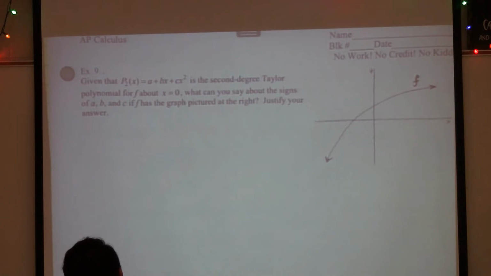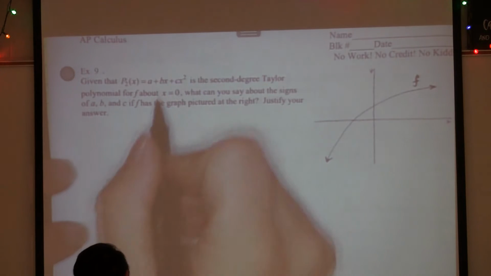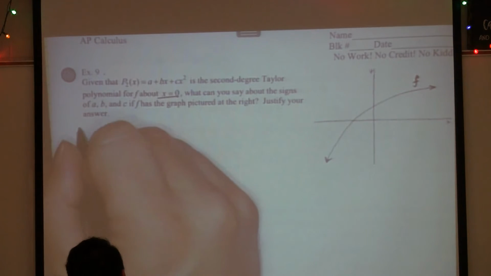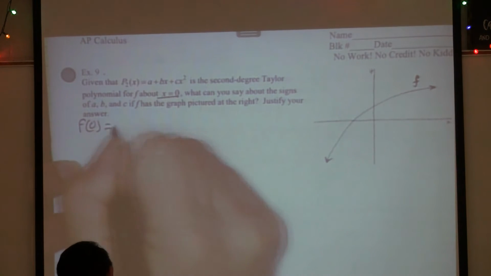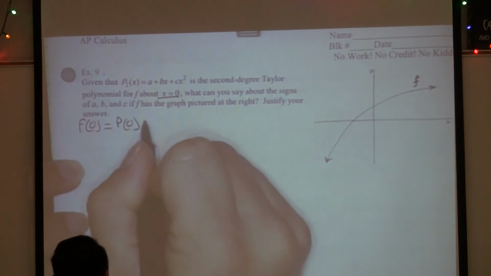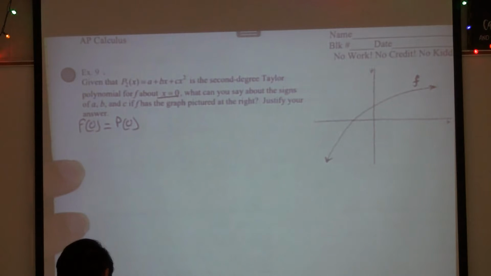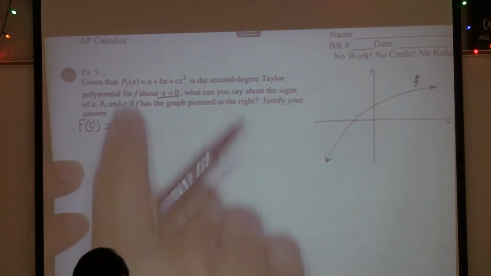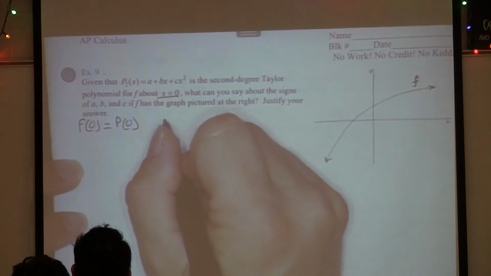A is positive? How do you know A is positive? Where are we centered at? At 0. So that means f of 0 has to equal what? P of 0, right? And what would P of 0 be for this guy?